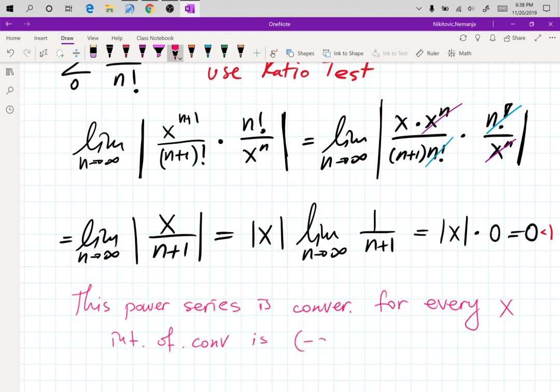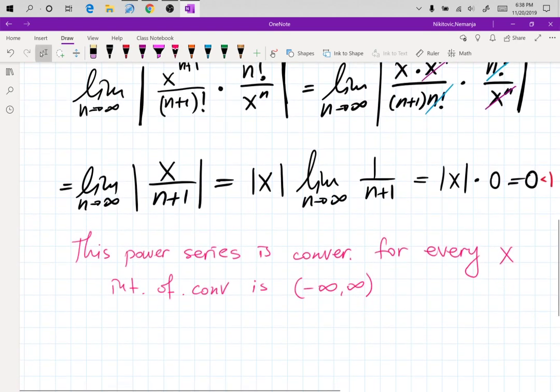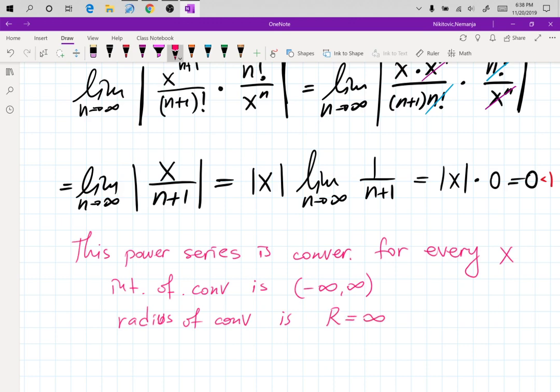Now, the way we write that is the interval of convergence is negative infinity to positive infinity. Any value you pick for x, it will make it a convergent series. Radius of convergence is r equals infinity.